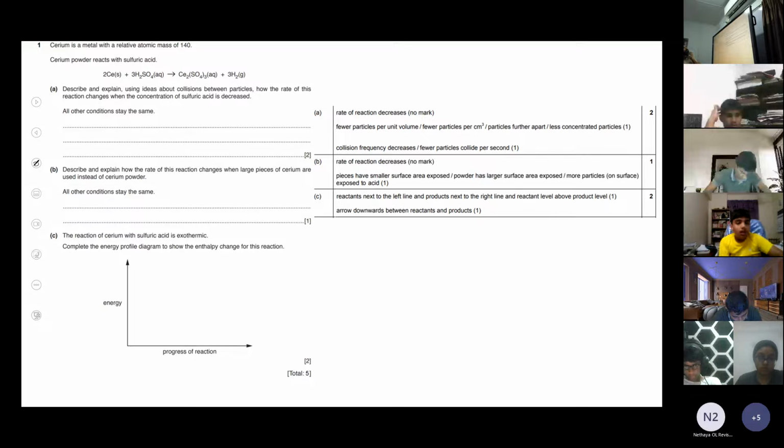With time, what will happen? The reactant particle concentration becomes less, so there are fewer collisions. The first point you have to say is that the rate is decreasing.